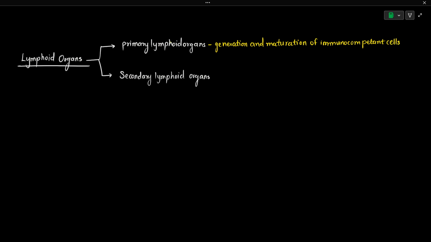Whereas the secondary lymphoid organs are very different from the primary lymphoid organs in that they result in immune responses. These are the organs where the immune response will be initiated by the immune cells. So immunocompetent cells will initiate the immune response here.